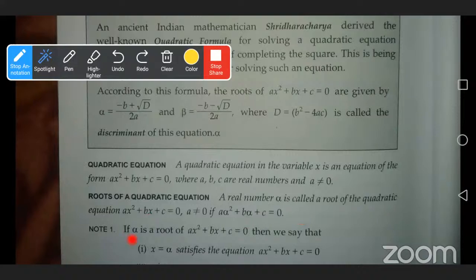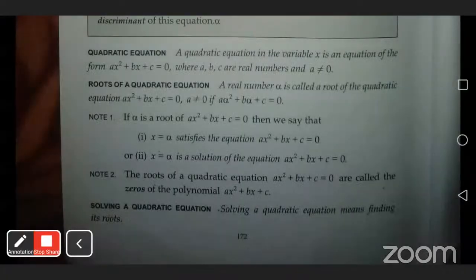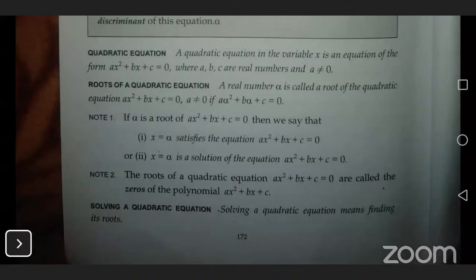If alpha is the root of ax square plus bx plus c equals to 0, then we can say that x equals to alpha satisfies this equation, or x equals to alpha is a solution of the equation.